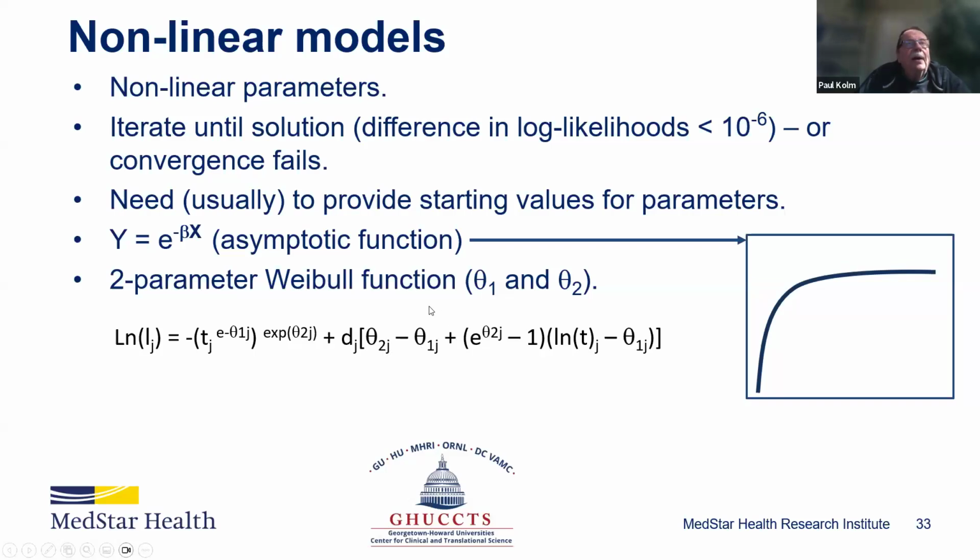And usually when you do nonlinear models, just like the fractional polynomial, it iterates until you get a difference in solution. Also, you typically need to provide starting values for the parameters. I'll give you an example of this here.